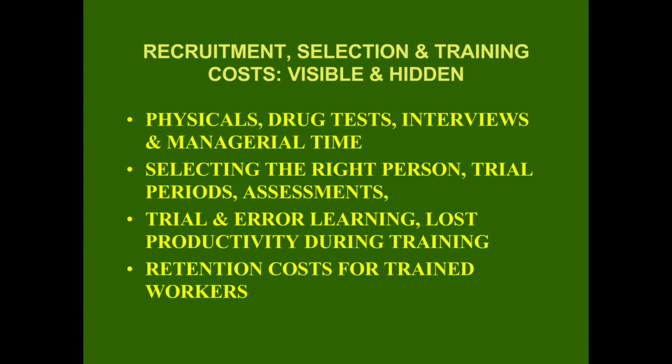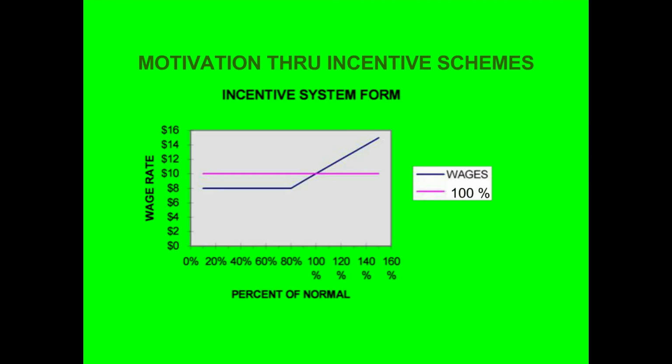Some people use incentive systems that you can build into your wage structure, which has a good idea and concept to it. Here's one example where the individual is paid less until their productivity comes up to the expected level, and if they produce more, then they get paid more.